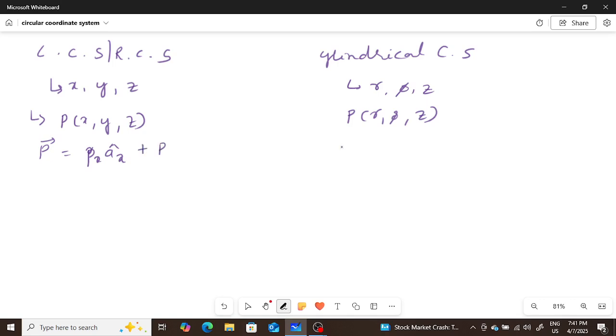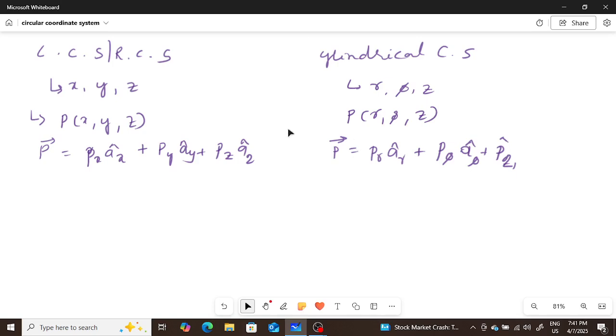Okay, why am I writing this? Because Py ay, Pz az. Here the position vector will be written as Pr ar plus Pφ aφ plus Pz az.